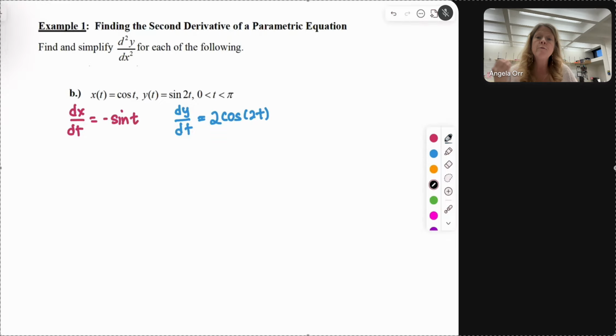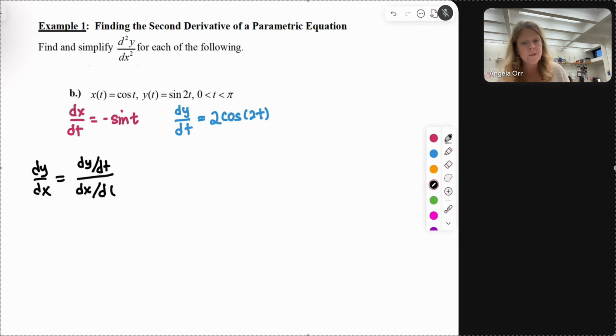Now, to find dy dx, the slope of the actual path of my trajectory, I need to find the derivative of y with respect to t, and then I need to take that and divide it by the derivative of x with respect to t. And that will produce my change in y for a change in x.